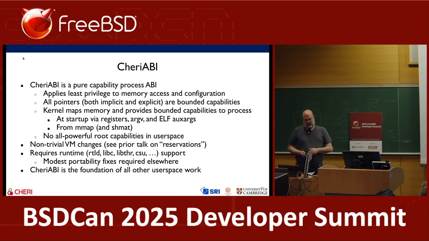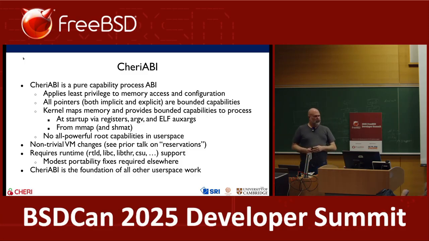There are some non-trivial VM changes required to do this. They're not too crazy, but there's some changes to the way the VM system works. And I gave a talk last year on the reservations mechanism that we use there. And then we require some changes to the various bits of the runtime, as well as some modest portability fixes.